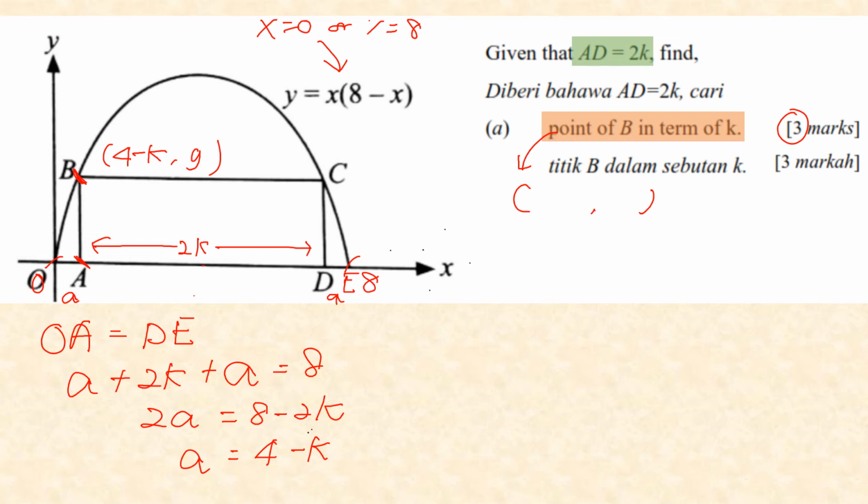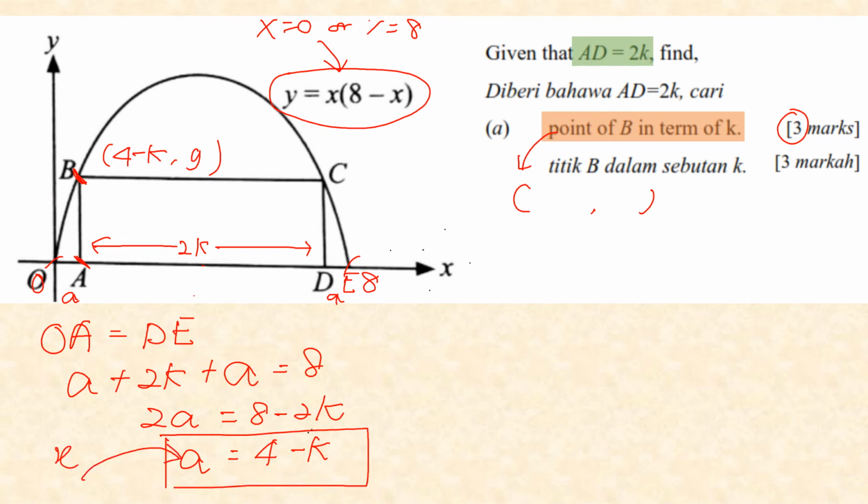How do I get the y coordinate? Check from here. Now you are going to sub this. We make a the x coordinate and sub it into the equation. Y equals, your x now is 4 minus K, multiplied with 8 minus 4 minus K, close the bracket.